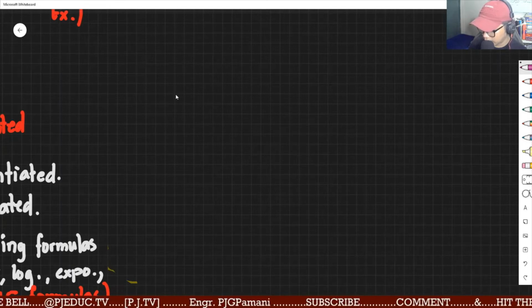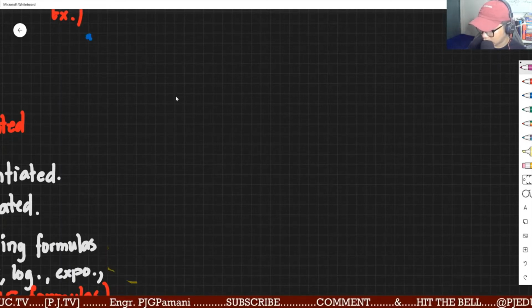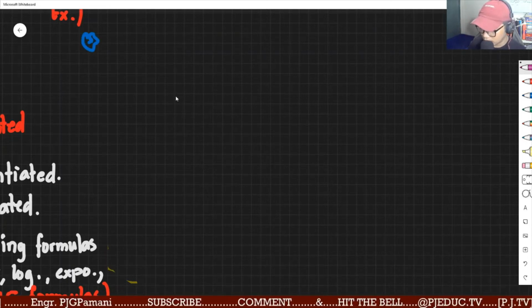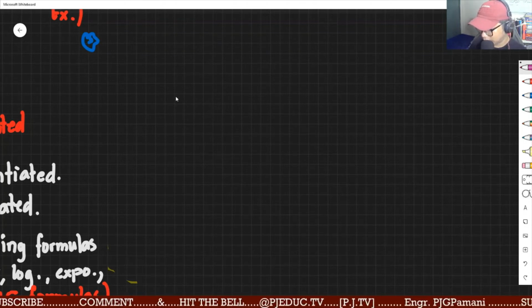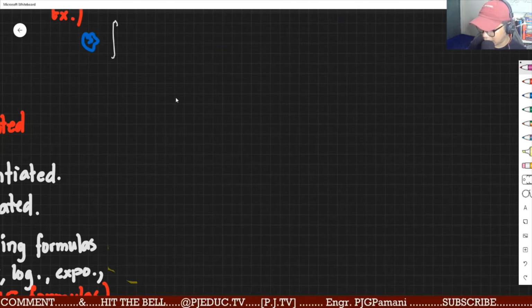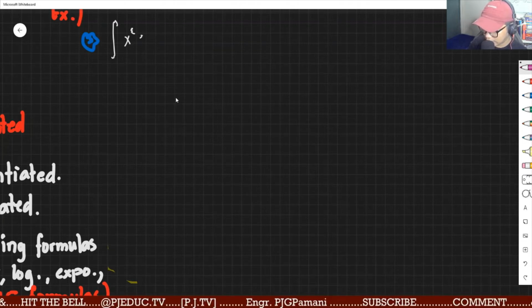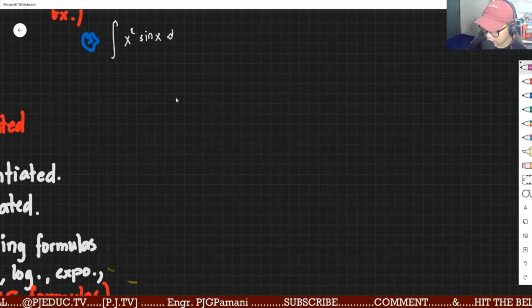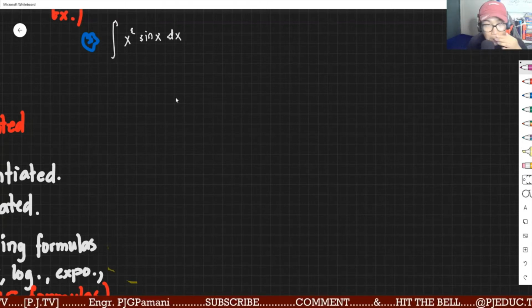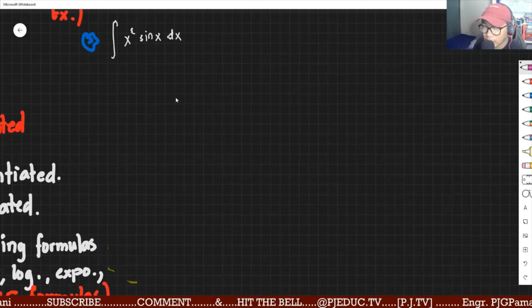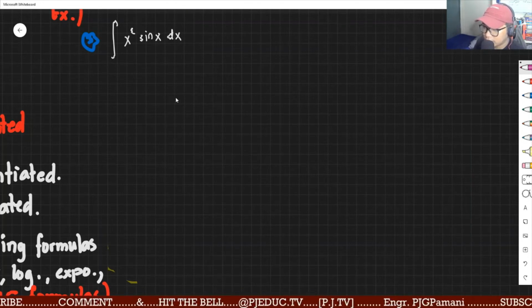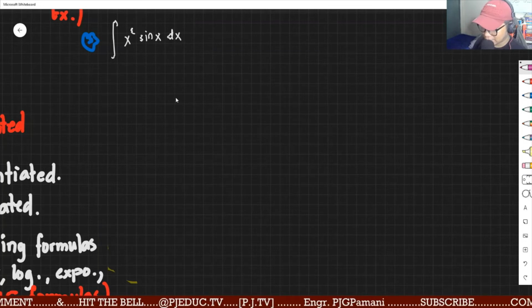Now, for example number 3. What if you're now asked to evaluate the indefinite integral of x squared sine x dx. That is now integral of x squared times sine x dx.